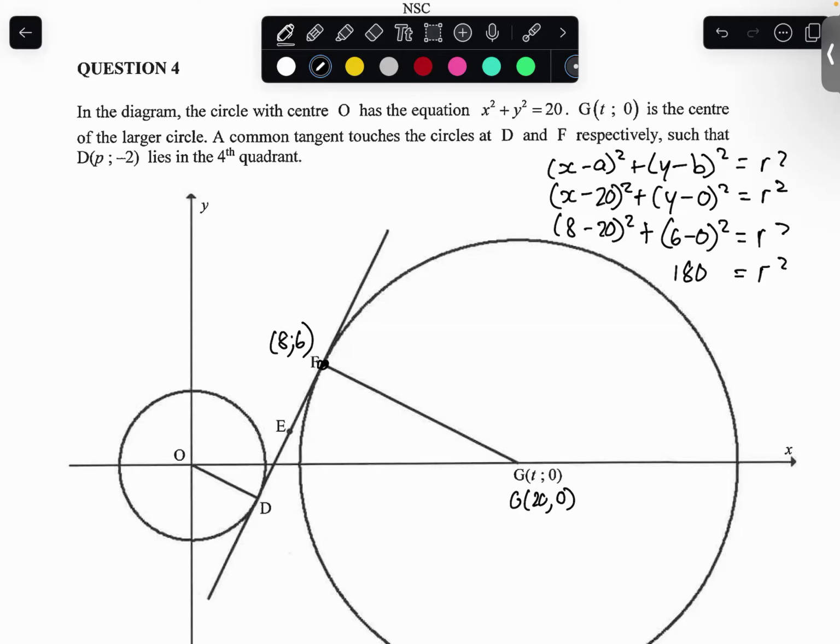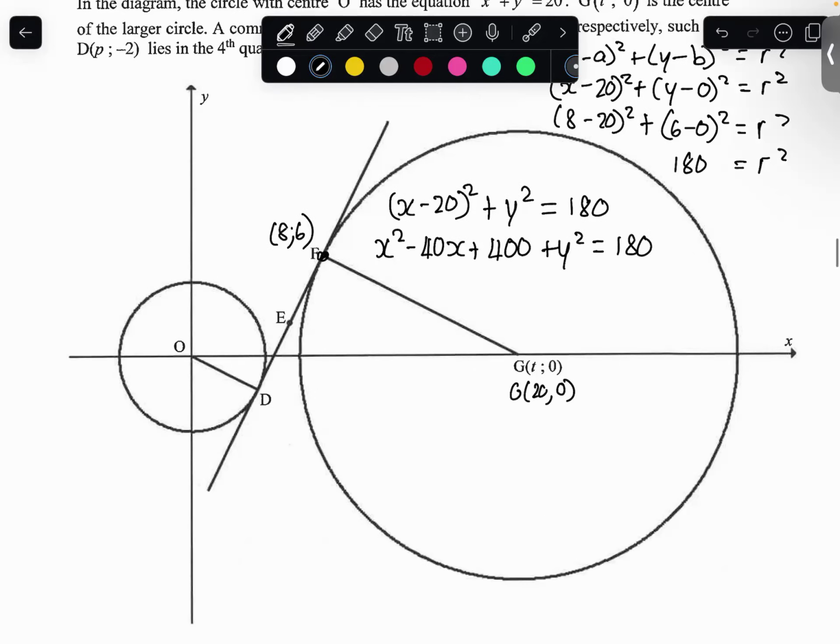And so my equation is (x minus 20) squared plus y squared equals 180. I'm going to square out this binomial; you can also write the bracket twice and FOIL it out. First times first, first times last times 2, that's minus 40x, and last times last is plus 400, plus y squared equals 180.